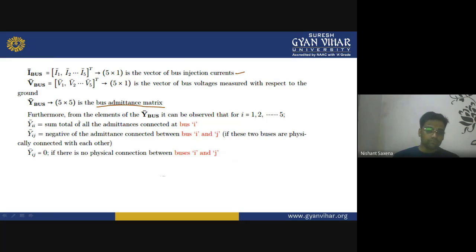Now, furthermore, from the elements of Y bus, it can be observed that i is equal to 1, 2, 3, 4, and 5, the number of buses in the system. And if we represent Yii, here we have Y11, Y22, Y33, Y44, Y55. Basically, these are the sum of all the admittances connected at bus i. Look at this diagram again.